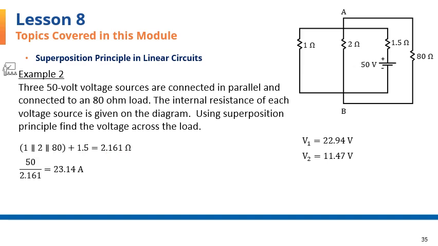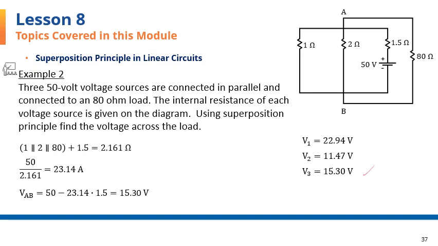To find the current, I'll divide 50 by this resistance, and the current through the 1.5 ohm resistor comes to 23.14 amps. Once again, multiply this current by this resistance and subtract from 50 to get VAB again. And this time VAB comes to 15.30 volts. We'll call that V3, seen here.